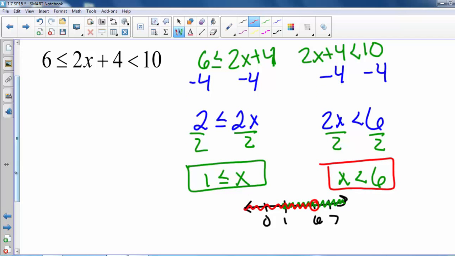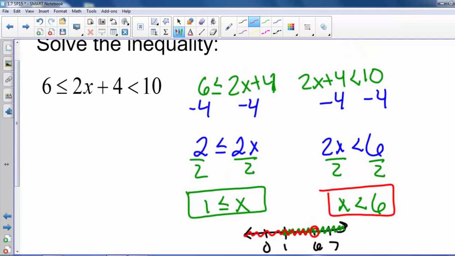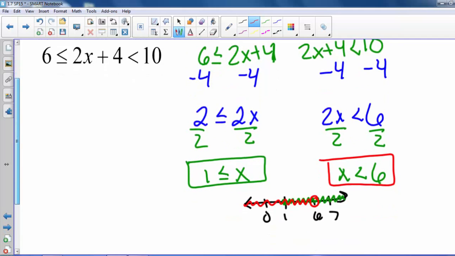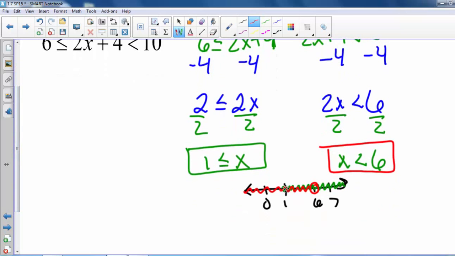But we need both of these to be true, so our answer is only the things that are shaded in both colors. So our answer is 1 all the way up to 6, but not including 6. Writing this in interval notation, we have a closed bracket around 1 up to 6 with an open bracket.